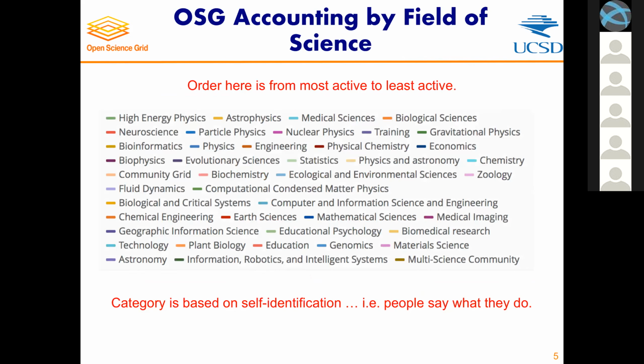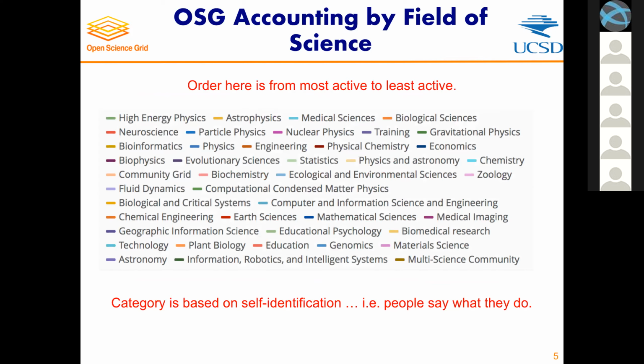Then, to give you a sense of open, here is the accounting by field of science. Where this comes from is I take the wall-time consumption accounting within the last, I can't remember whether it was 3 months or 6 months or even a year, and then look by field of science, and just do a screen grab of those fields of science.